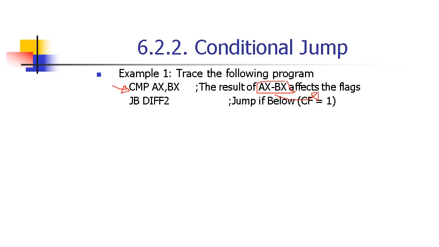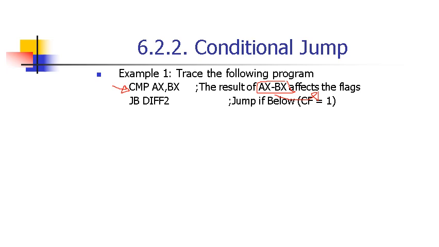Good. So you jump below. If AX is lower than BX, you will need a borrow and your carry flag bit would be set. So what this instruction JB does is this: it checks the carry flag bit.